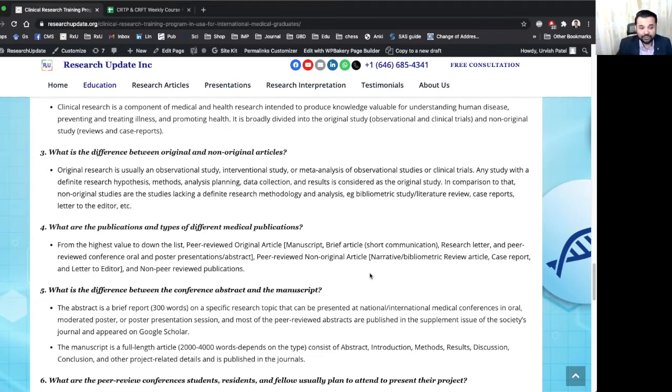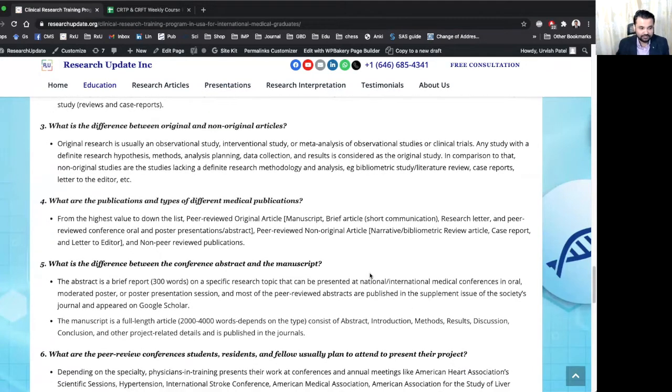So in my opinion, if you are starting a project and finishing at the abstract level, presenting at the national conference, I must emphasize completing the manuscript of that project and publishing it in a peer-reviewed journal. Having experience of abstract and manuscript are both equally important. Publishing many abstracts without having a manuscript is not a good sign of a good researcher.